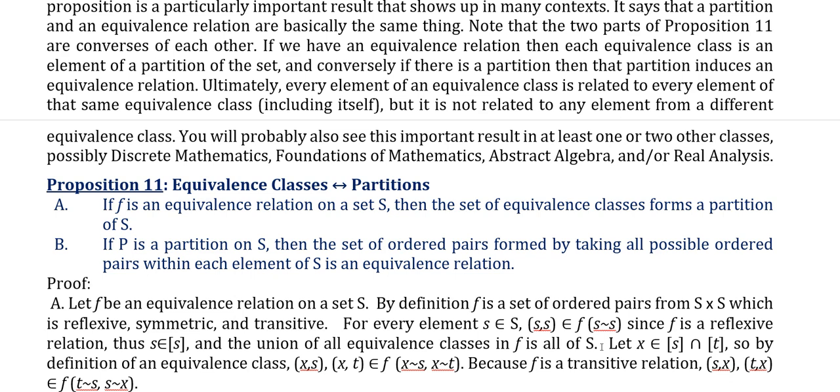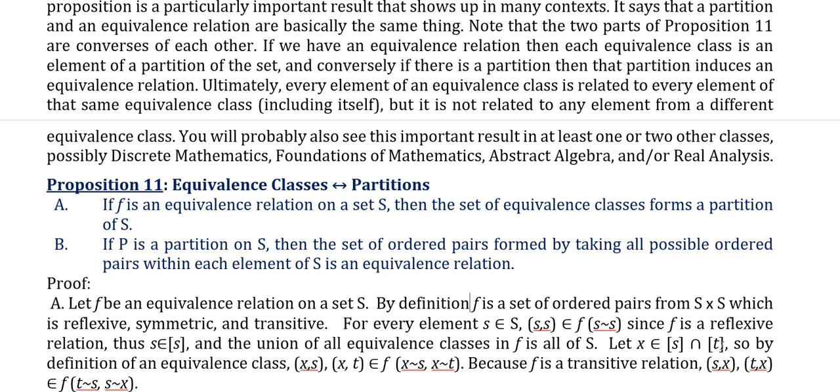Now the second requirement for it to be a partition is that if you take two of these subsets, they have to be pairwise disjoint. Or another way to say that is if they have any overlap at all, they have to actually be completely the same thing. So that's how we're going to prove this. Let x be an element of the equivalence class of s intersected with the equivalence class of t.